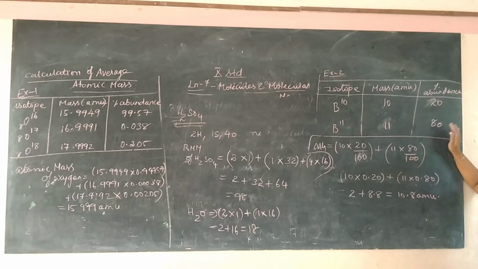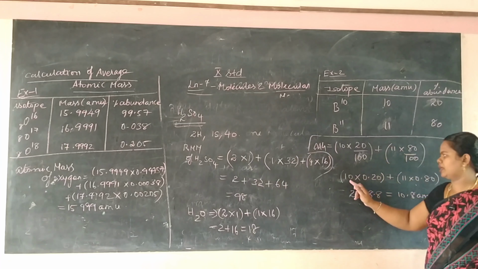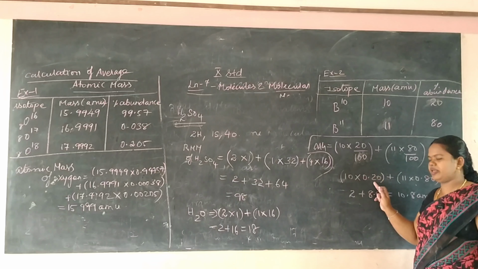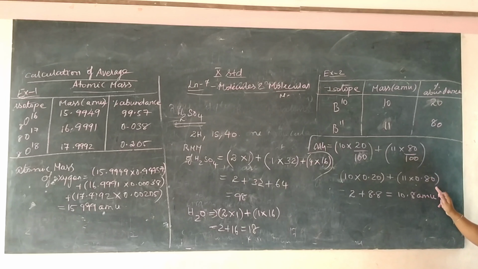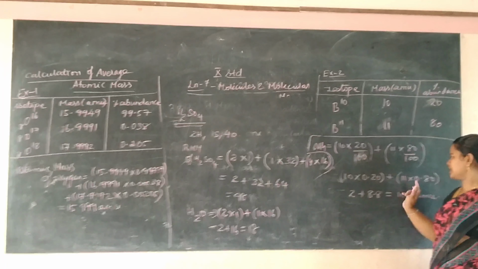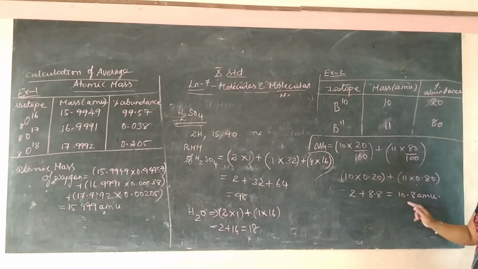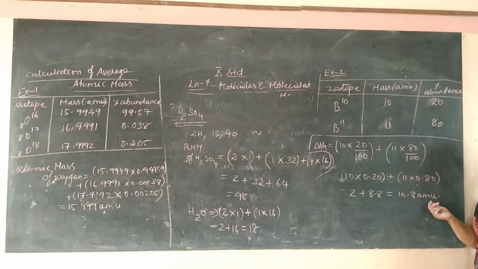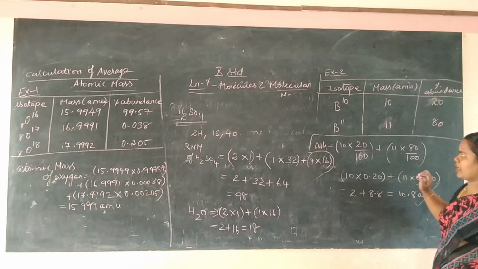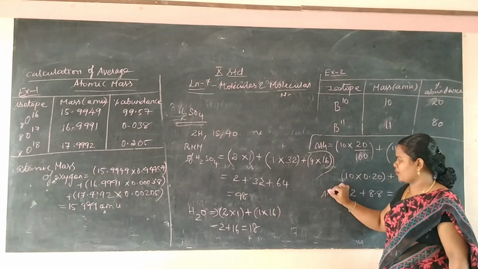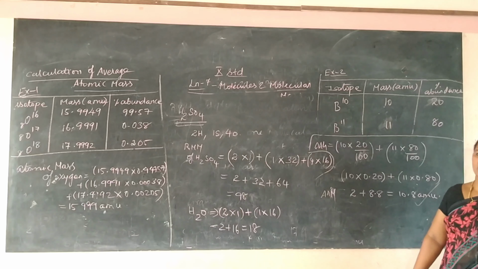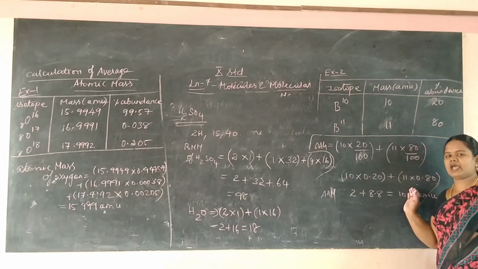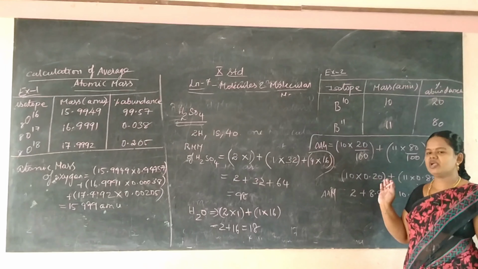So 10 into 20 divided by 100 equals 2.0, plus 11 into 80 divided by 100 equals 8.8, so it will be equal to 10.8 atomic mass unit. So we have calculated the average atomic mass of boron. This is how you have to calculate the average atomic mass.